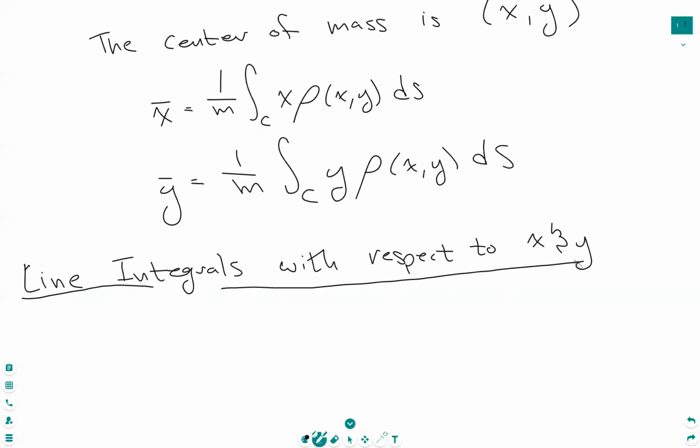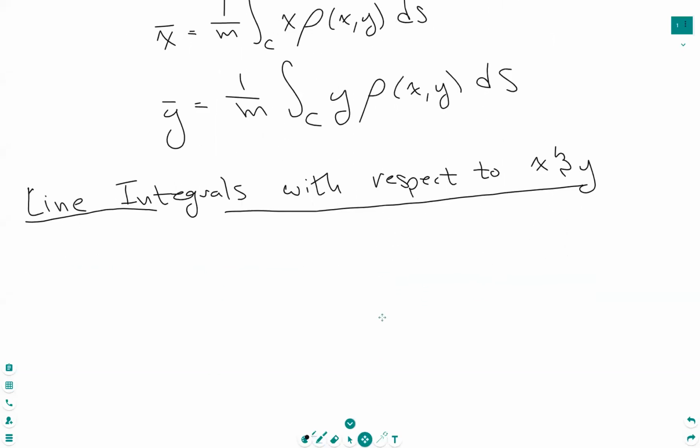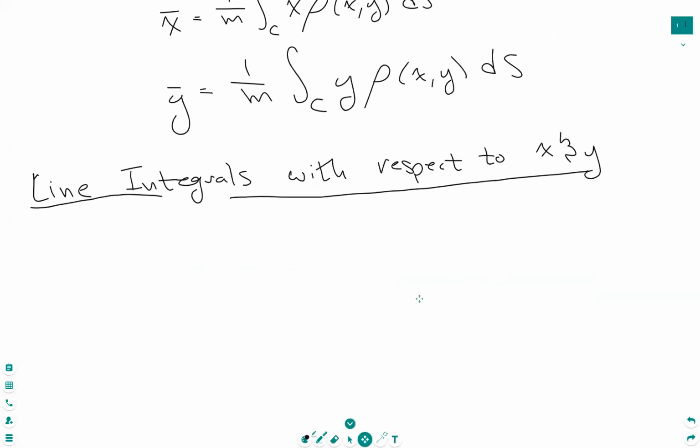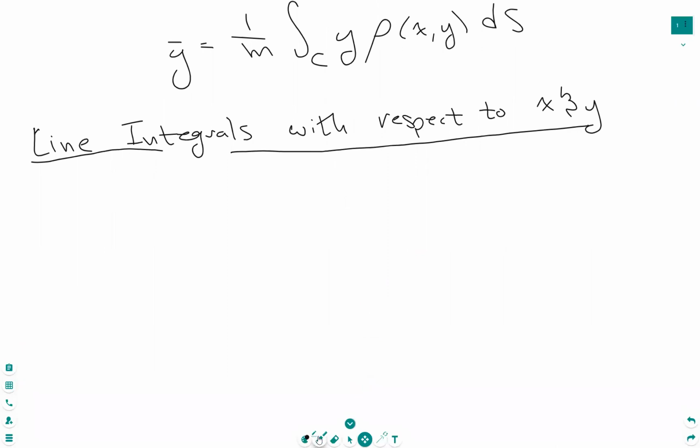So now let's look at line integrals with respect to x and y. Sometimes line integrals are taken with respect to x or y rather than arc length. So imagine that I have some path that I need to take, but this time instead of doing a ds, I have a dx here. How do I translate that back?